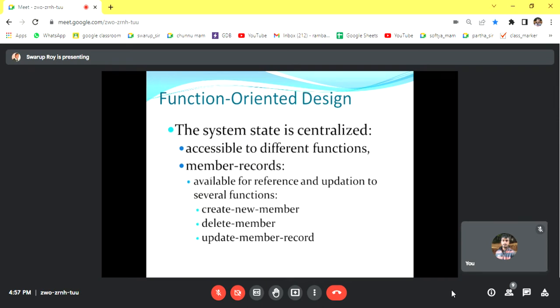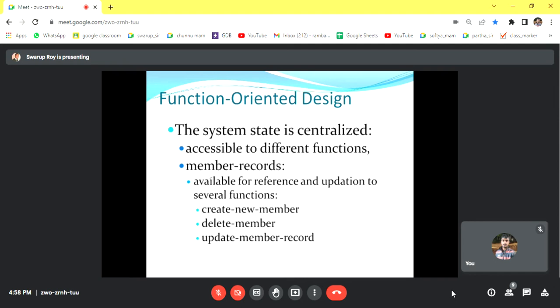Sometimes in case of function oriented design, the approach may be a centralized approach, like central accessing of data, global data kind of thing. If you are writing functions, then many other modules may use that thing.